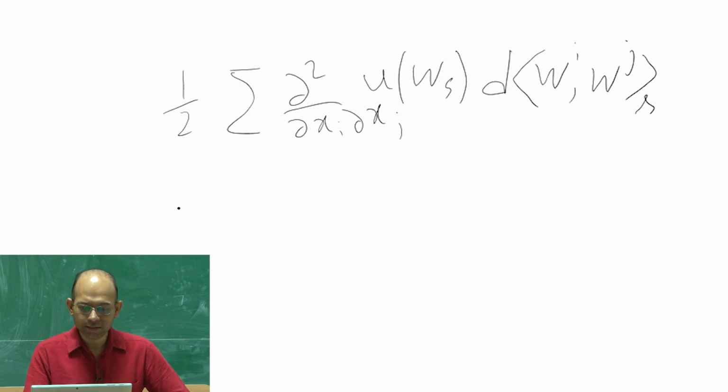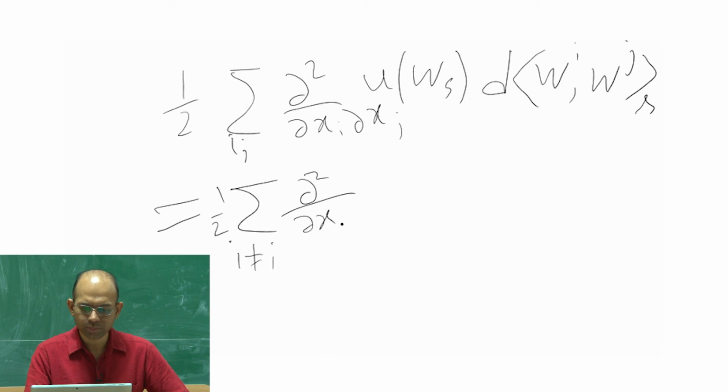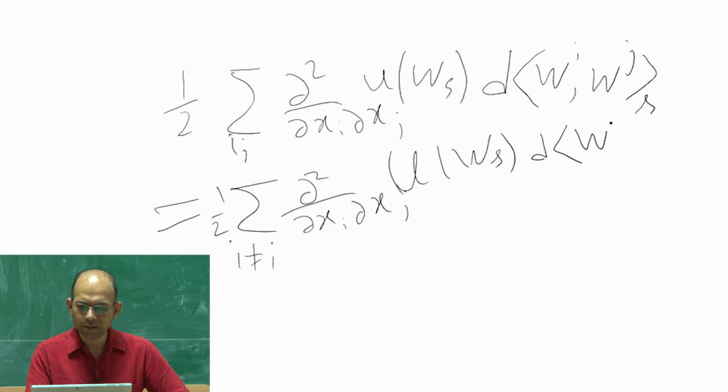The reason is that in this term we sum over all possible i and j, and this sum can be written in two parts: the i not equal to j part, and in this part the quadratic covariation becomes 0 because W_i and W_j are independent.